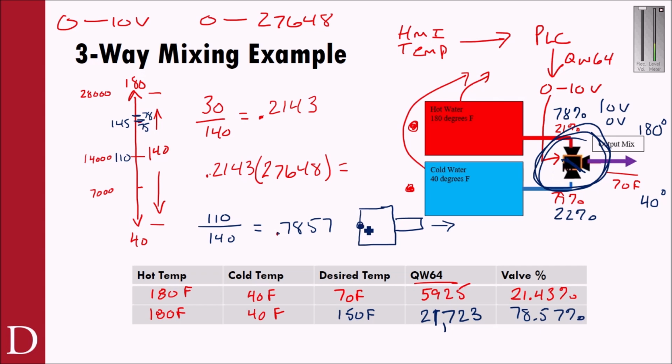Internal to it, if I say this is 0% up here, and if this is 100% up here, and the hot comes in here, and the cold comes in here, and the out comes out over here, then I can see when my valve is at 0%, I'm completely blocking the hot water, and only cold water can go into that pipe, right?